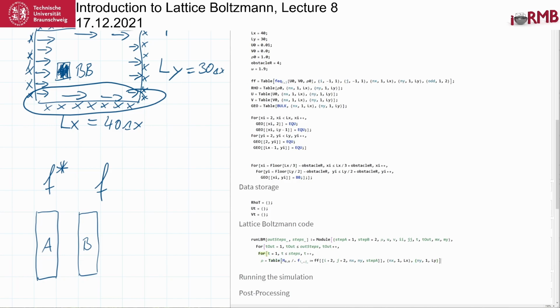Okay, so this is supposed to generate a table for the density, and the table for the velocities looks the same. This is why I'm just copying it.